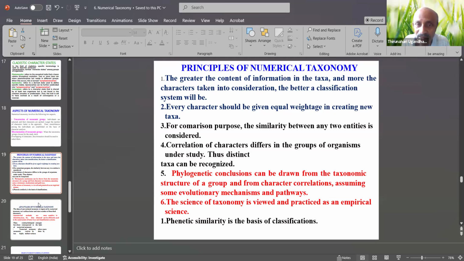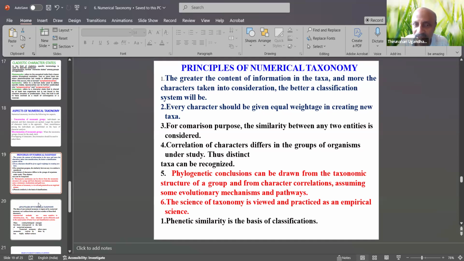The second one, every character should be given equal weightage in creating a taxon: branching, phyllotaxy, symmetry, and sexual quality. That is called weightage points based on classification. That is the second principle.